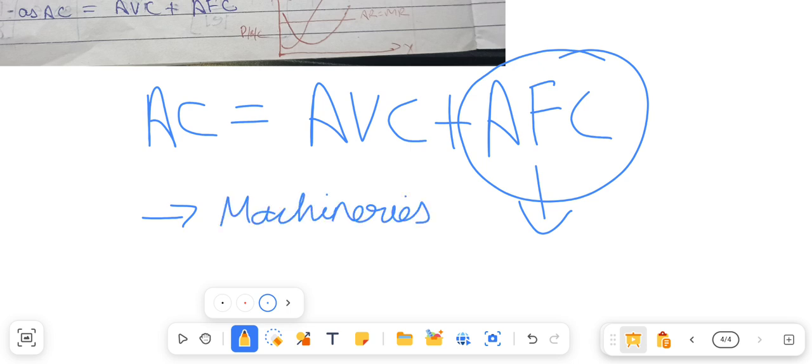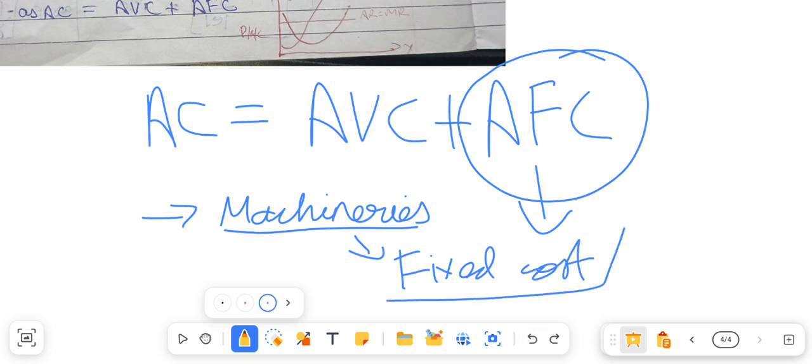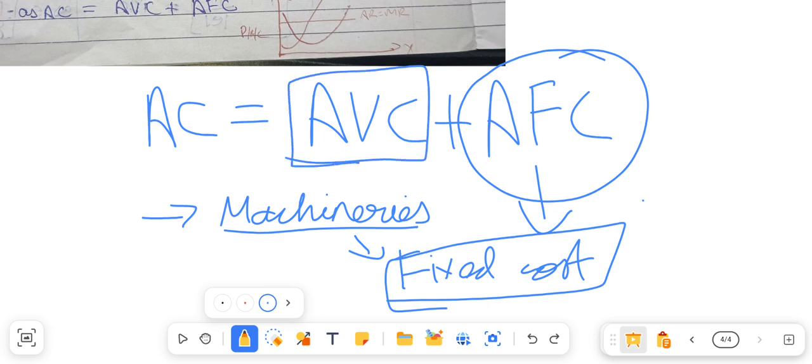If we invest in machinery, it might work for many years, so this is the fixed investment, also known as fixed cost. Now, for maintaining these machineries, we need certain equipment and labor. This is known as variable cost.